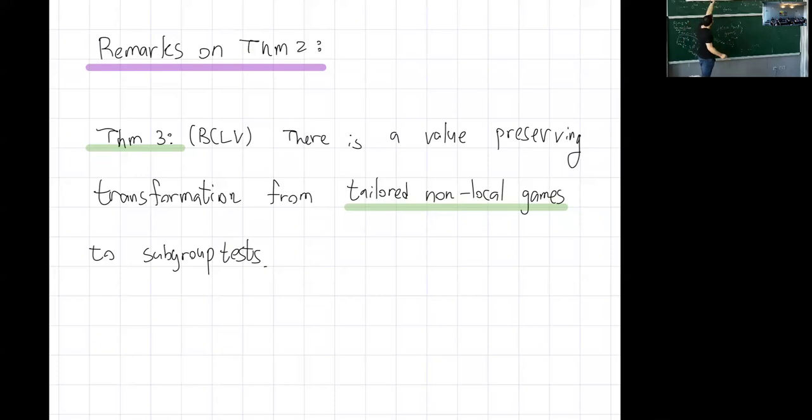What we did, and this is this theorem, we took a subclass of these non-local games, which we call tailored non-local games. And we generated a value-preserving map from this set to subgroup tests.